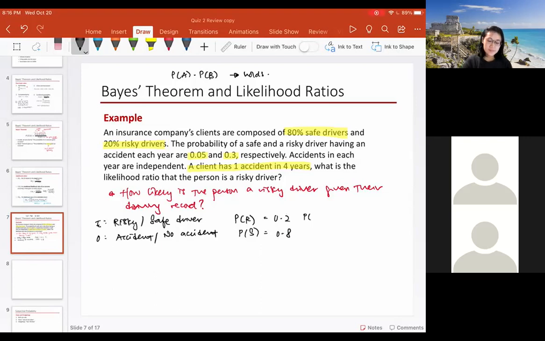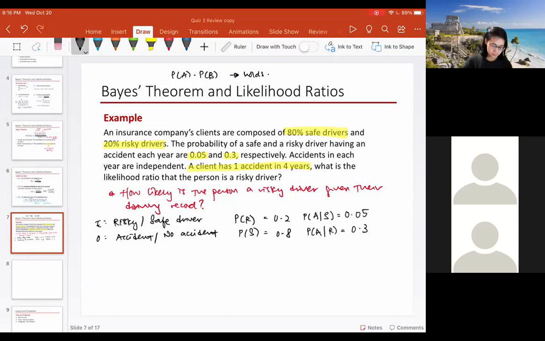So in this question, it's saying that the probability of having an accident, given that you are a safe driver, is 0.05, and the probability that you have an accident given you're a risky driver is higher, 0.3.